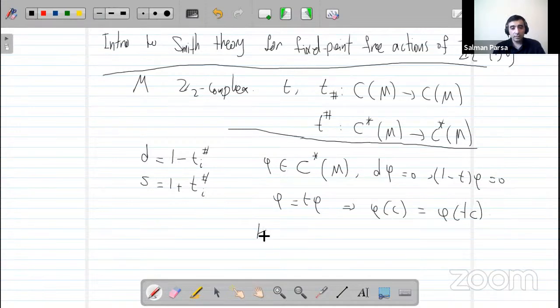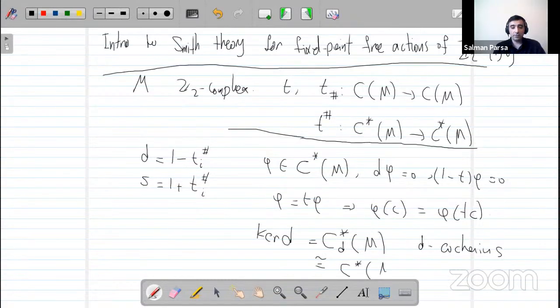Therefore the kernel of this D, which we denote by C sub D of M, is called the D cochains. Because the value of phi depends only on the orbit, this is actually isomorphic with the cochain complex of the quotient, if this quotient is, let's say, a complex.